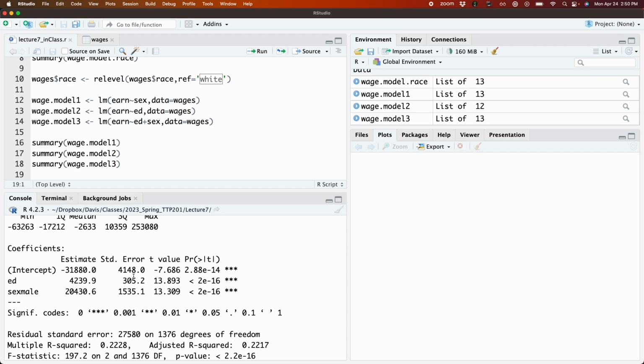So now who can help me out here? Yes. So even when you control for education and keep it the same, males on average would earn $20,430 more than females. Yes, that's right. And let's take a look at what this looks like.